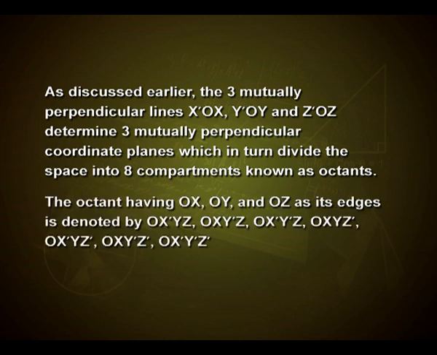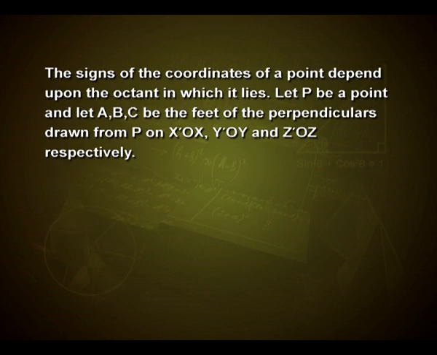The octants having OX, OY and OZ as their edges are denoted by OX'YZ, OXY'Z, OX'Y'Z, OXYZ', OX'YZ', OXY'Z', OX'Y'Z'. The signs of the coordinates of a point depend upon the octant in which it lies.